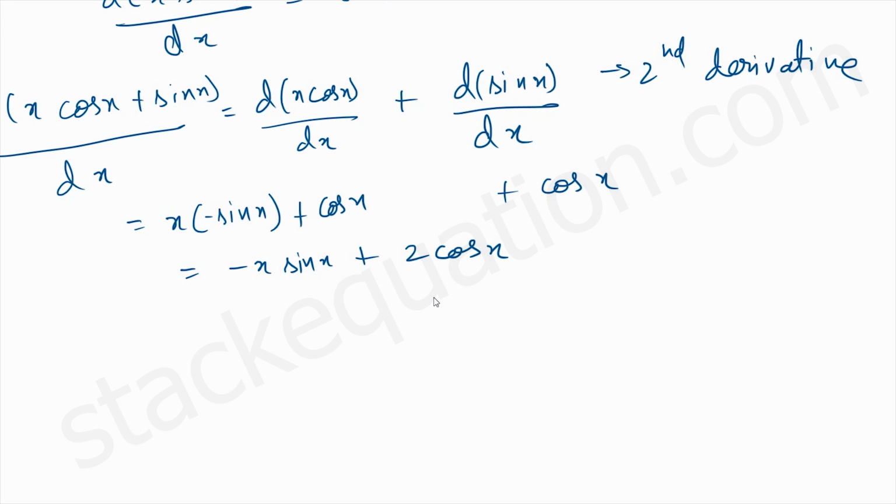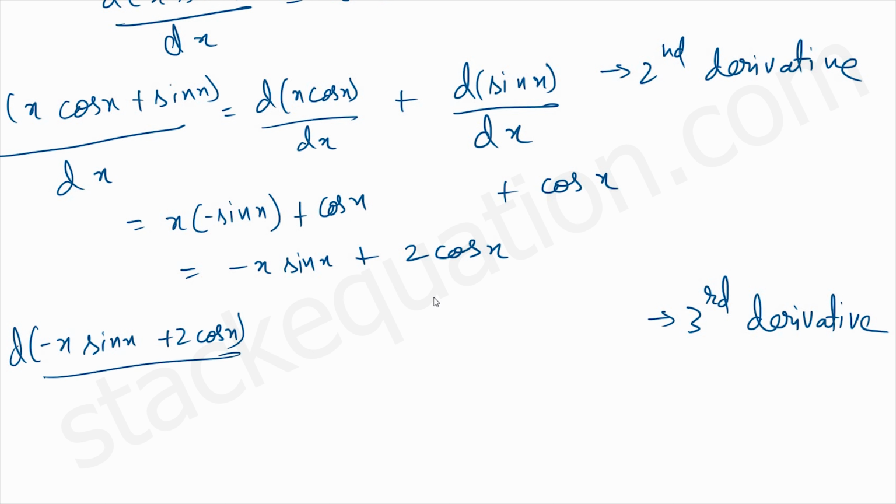And we find the third derivative, which will be differentiation of this expression, minus x sin x plus 2 cos x, by dx. That is minus x will remain fixed. Differentiation of sin x will be cos x plus 2 minus sin x.